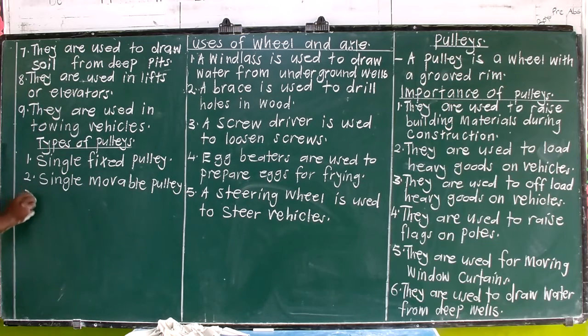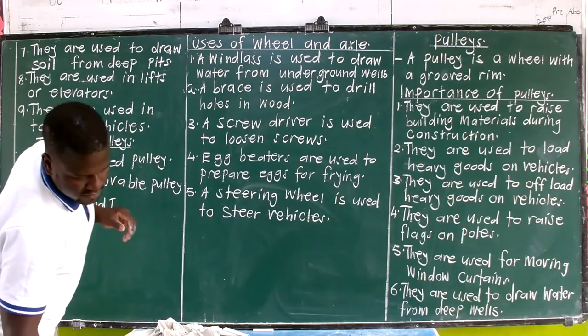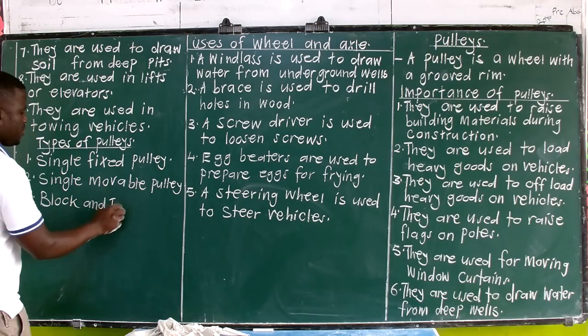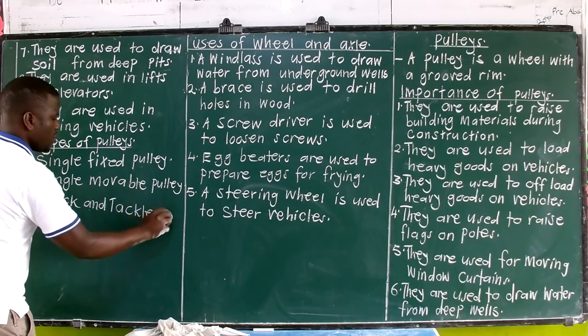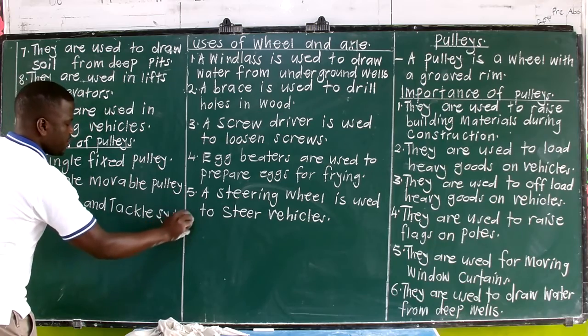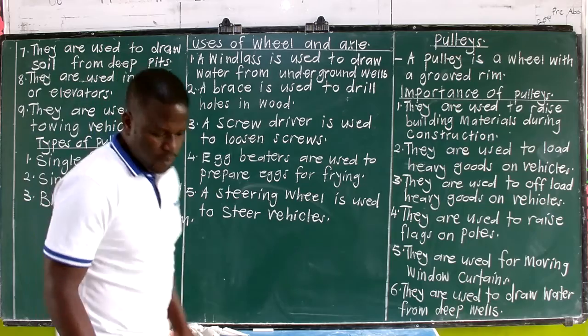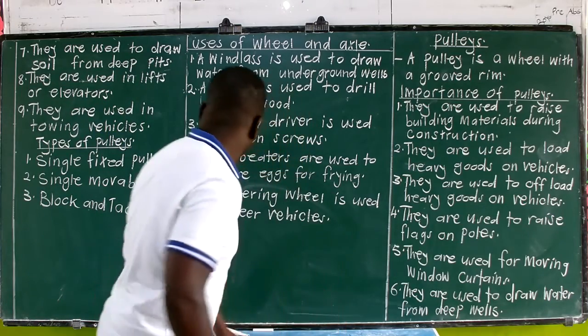Then we have block and tackle system. These are the 3 types of pulleys. So we begin by looking at a single fixed pulley.